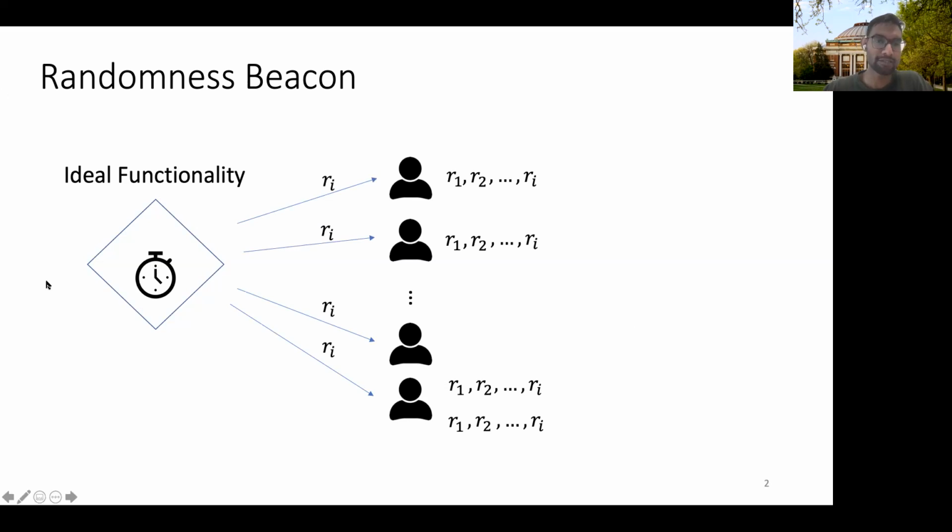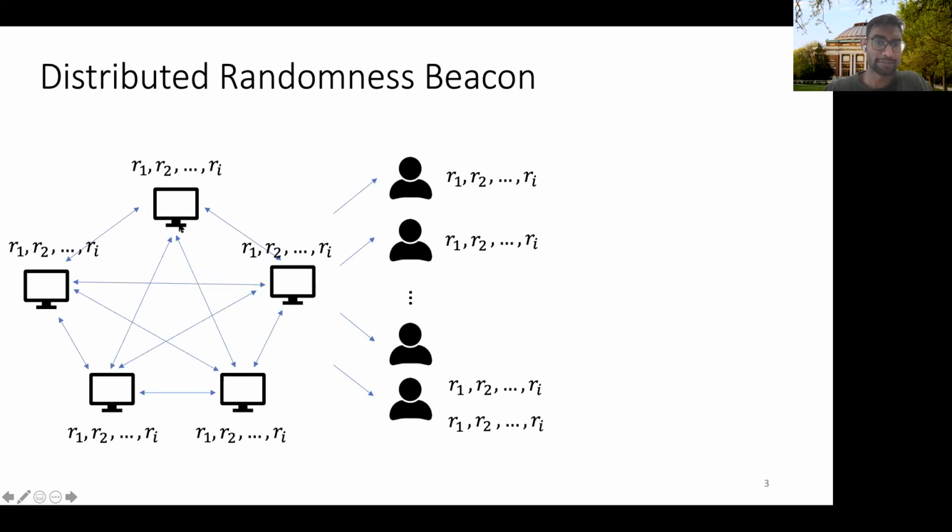Of course, we don't have this trusted party. So the goal is to run a distributed protocol, assuming not many of them will be corrupt, and achieve the same functionality. These nodes altogether join forces to generate a fresh random string, and the clients will receive those. So this is basically a distributed randomness beacon.